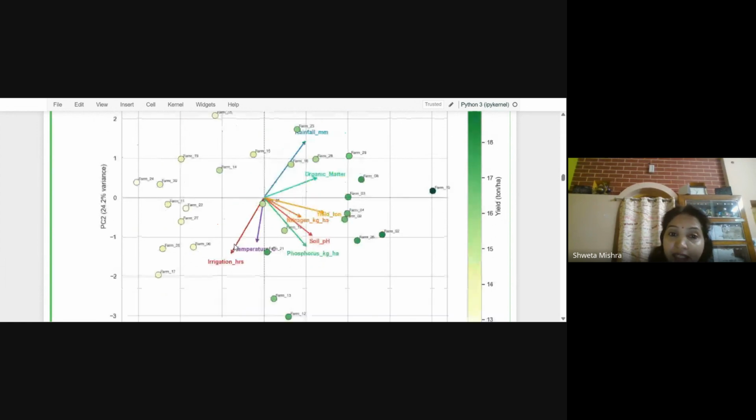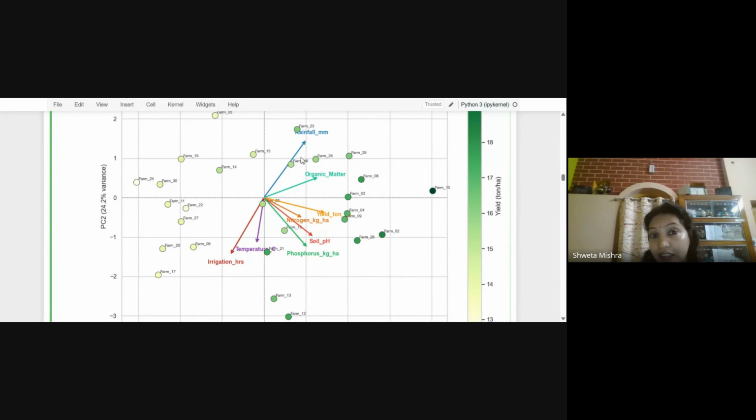Here irrigation is on the bottom side while rainfall is on the upward side, which means these two directions are totally opposite to each other. It represents that when there is rainfall, no irrigation is required, or if irrigation is required, there is no rainfall.